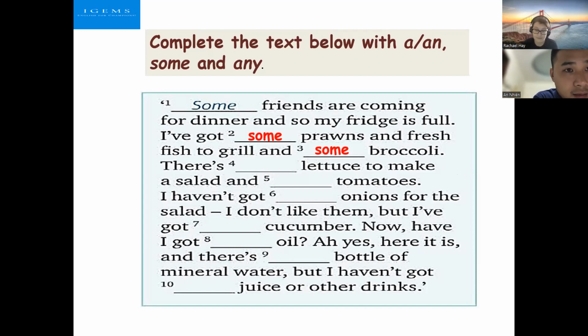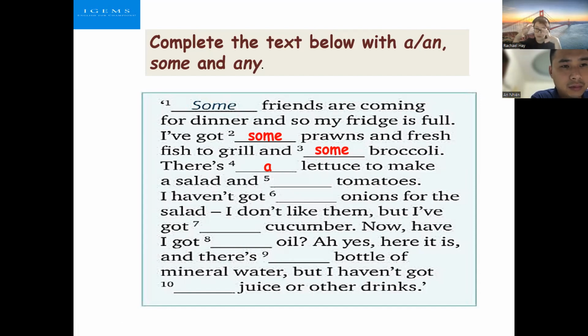There's a lettuce. Good. A lettuce, because remember, lettuce comes in one big ball.